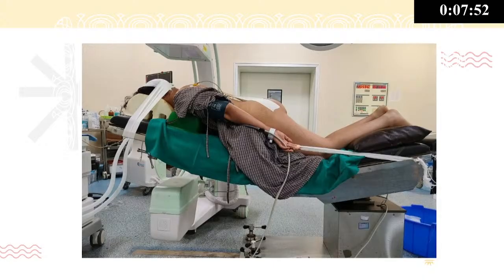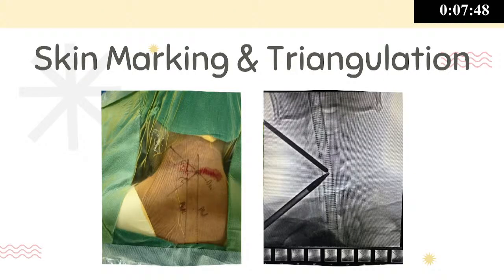The arms have been pulled down, and now the elevation, the inclination that has been provided over here is such that the disc space to be operated becomes perpendicular to the floor. Unless you do this, you will not be able to reach the exact location.